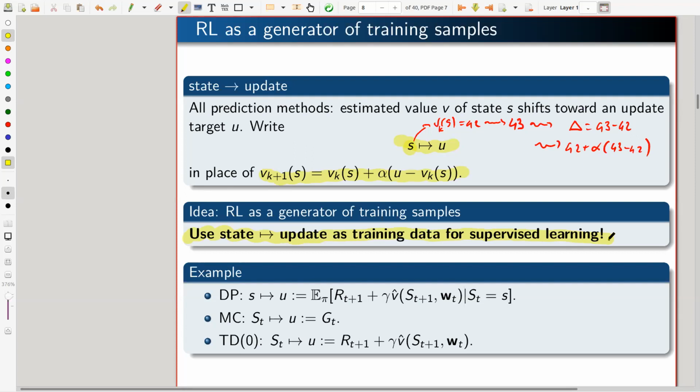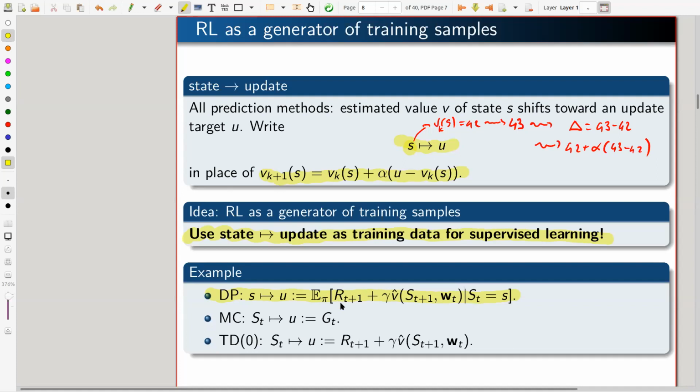Okay, these are the three main kinds of labels we learn to generate with reinforcement learning. If you remember, in the first lecture, when we did what was called dynamic programming, we were moving the value of our states toward the target that was in some sense a perfect target, that was the expected value done with the model, with the transition probabilities, the expected value of the estimated one step forward value.